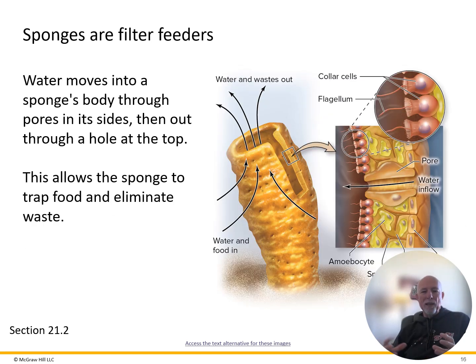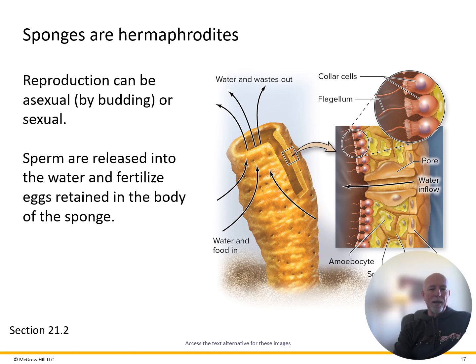Water tends to move in and out of this tube. They have a hollow inner tube. Water moves in and out of this tube, and that's how they feed. They have to move water in and out of this tube using currents of flagella inside their bodies to create these currents. They reproduce by budding off or pinching off asexually, but they can reproduce sexually by producing sperm cells.